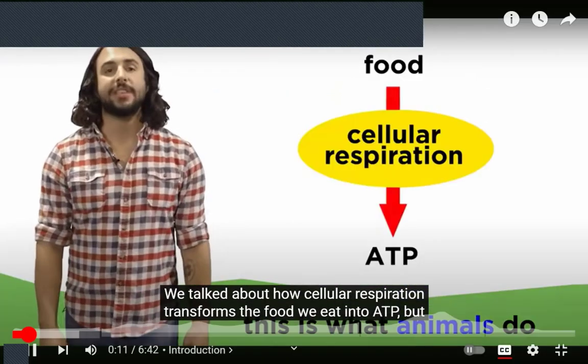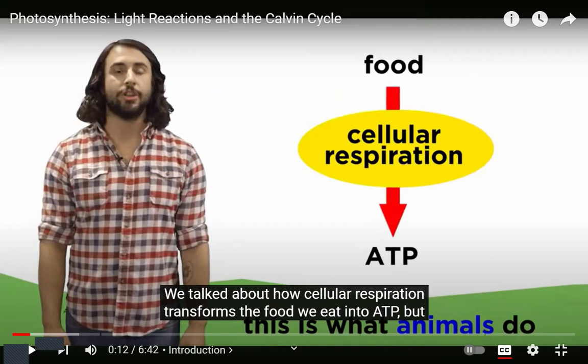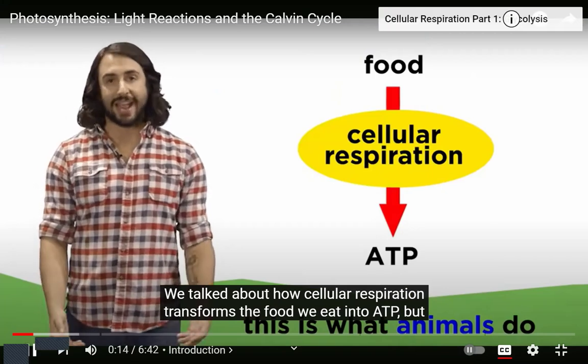We talked about how cellular respiration... Okay, so this is a good one because there is a comparison between cellular respiration and photosynthesis, which was part of the discussion about ATP. Cellular respiration transforms the food we eat into ATP.